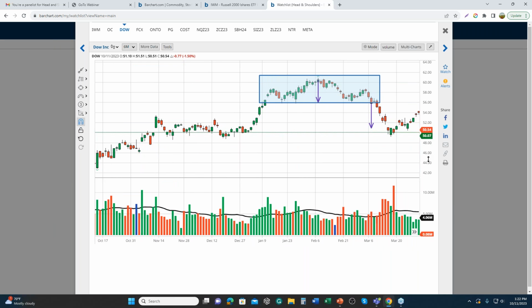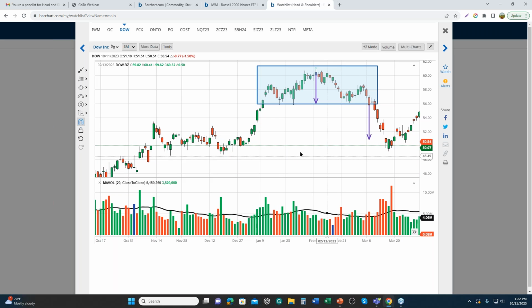Here's the Dow, which is just the opposite of what we saw, right? We see the proper volume profile, a declining volume from left to right, but notice the distinctive increase in rapid downward acceleration post-break that comes on a distinctive rally in volume.